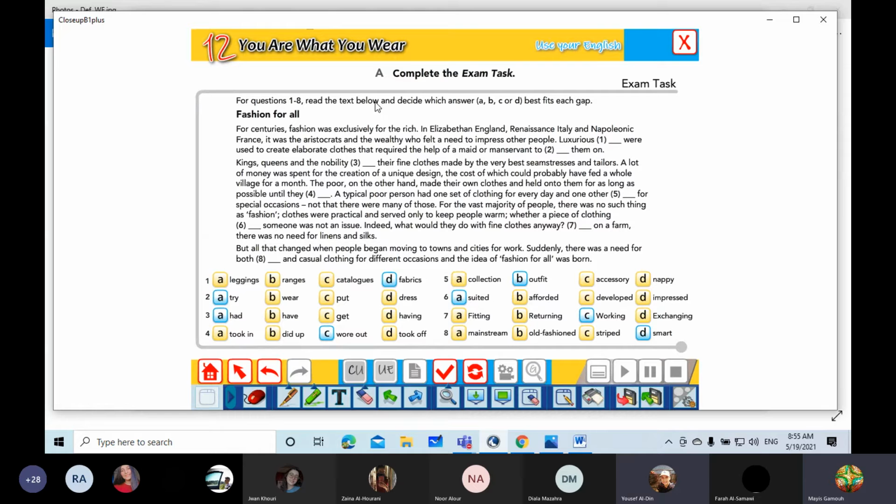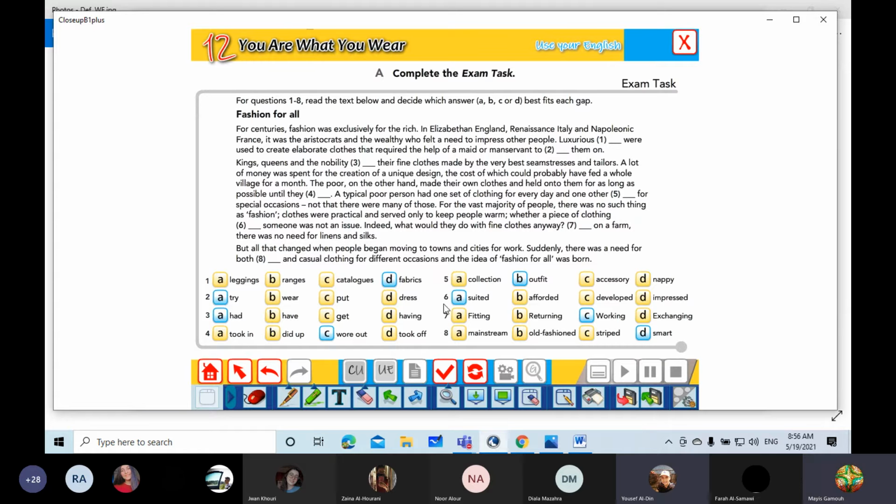Luxurious fabrics were used to create elaborate clothes that required the help of a maid or manservant to try them on.